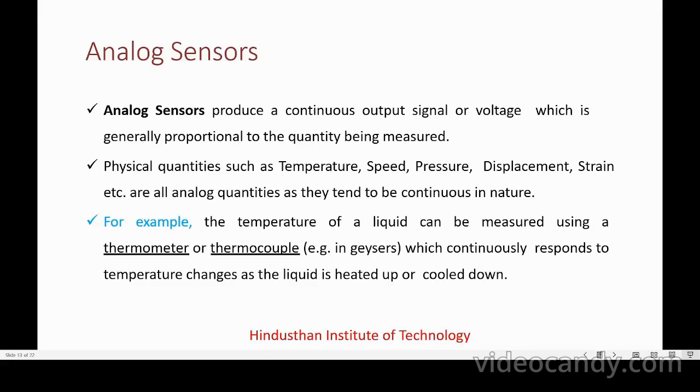Here all the quantities are continuous in nature. For example, using a thermometer or thermocouple, we can measure the temperature of a liquid or gas. This will continuously respond to the temperature changes while the liquid is heated up or cooled down.